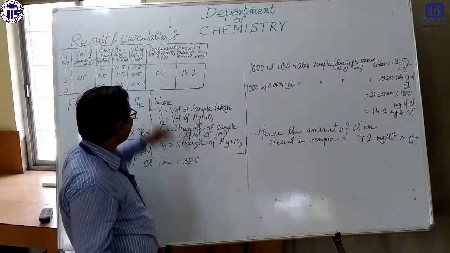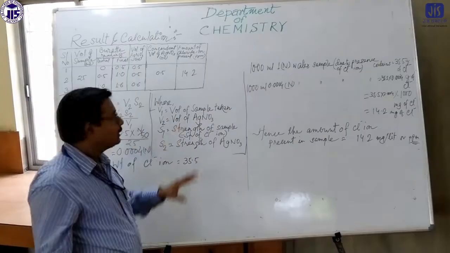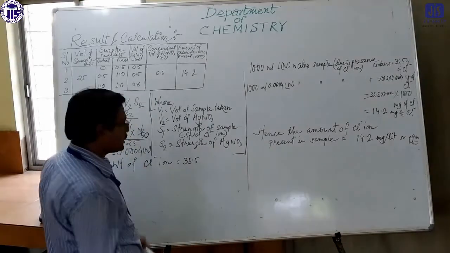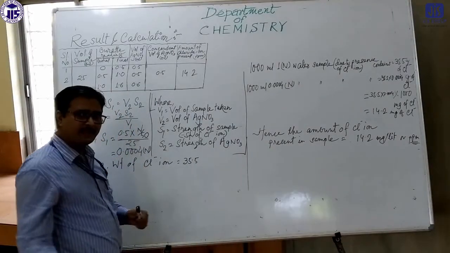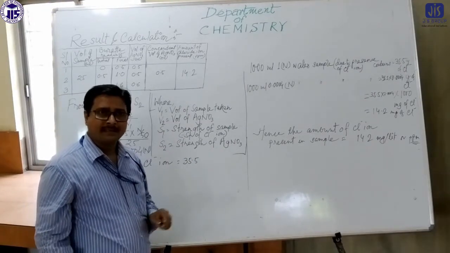The last column is filled after calculation. It is written there, but I am showing you how we get that amount of chloride. The calculation part is very easy. We have to determine how much chloride is present in the sample.